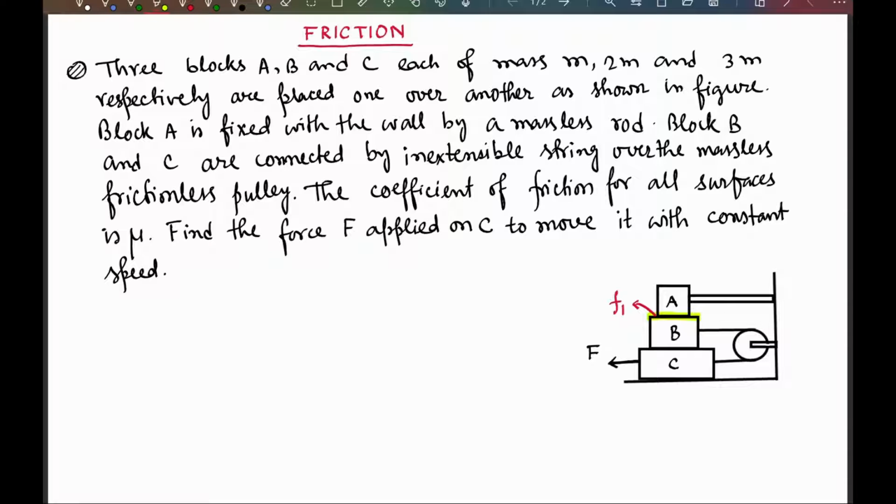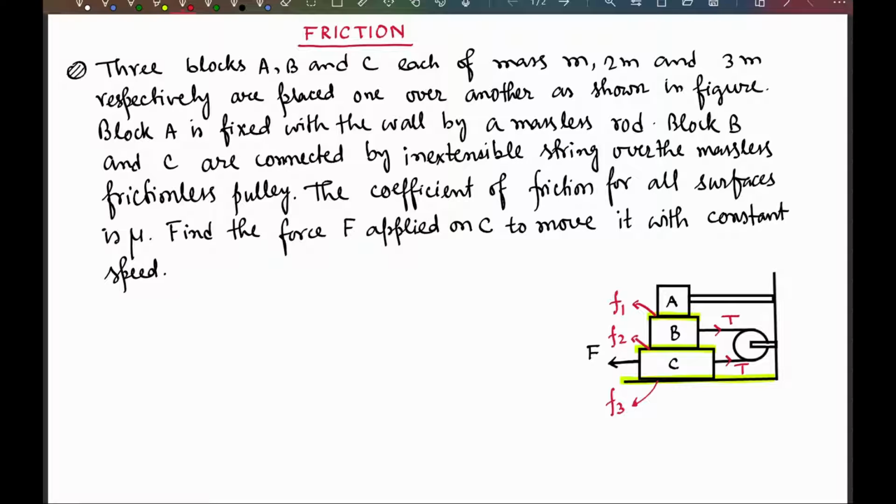Between blocks B and C, the friction is F2, and between block C and the horizontal surface, this is F3. As blocks B and C are connected by a string over a pulley, the tension acting here is T. Now at first we have to calculate all the frictional forces.